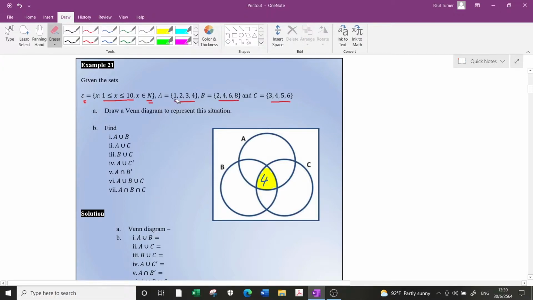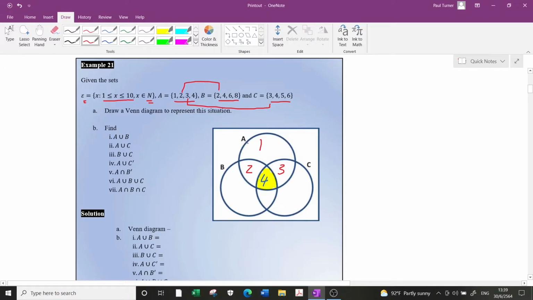So we have element 1 in A, and 1 is only in A, so we'll put 1 there. What about 2? 2 is in B and A, so that needs to go in here. So it's shared between B and A, but not in C. Element 3 is in A and C, so we should put element 3 there.